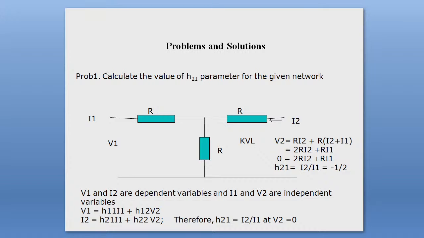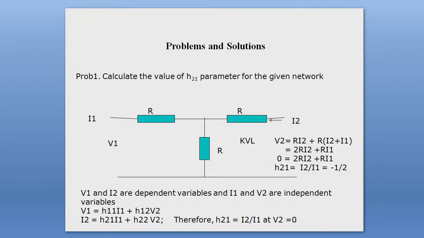How do we solve this problem? First we need to use the expression of H21 in terms of port voltage and current. If we write the network equation for this network in terms of H parameter, then we can write V1 equal to H11 I1 plus H12 V2, I2 equal to H21 I1 plus H22 V2, because we know that dependent variables can be expressed in terms of independent variables.